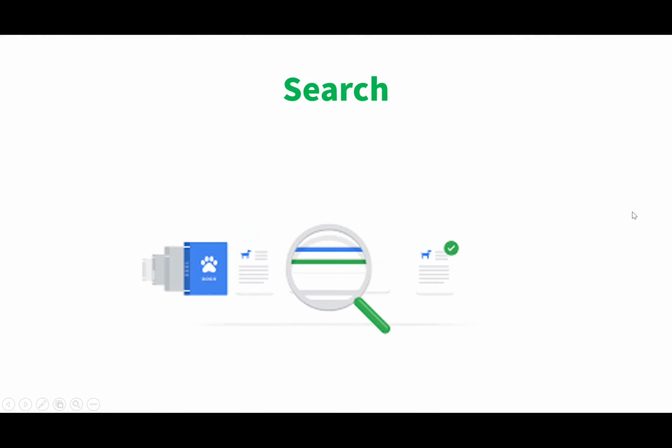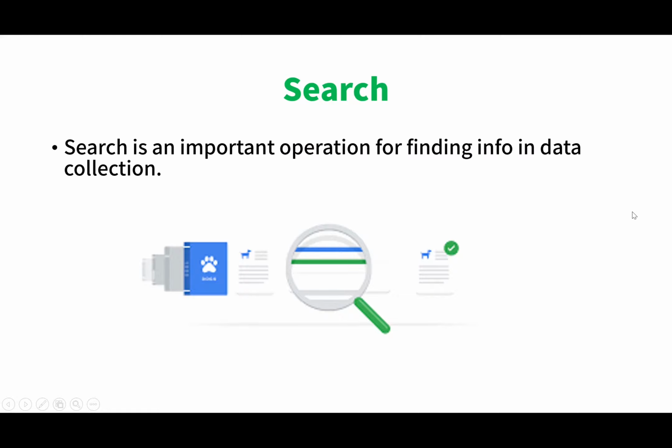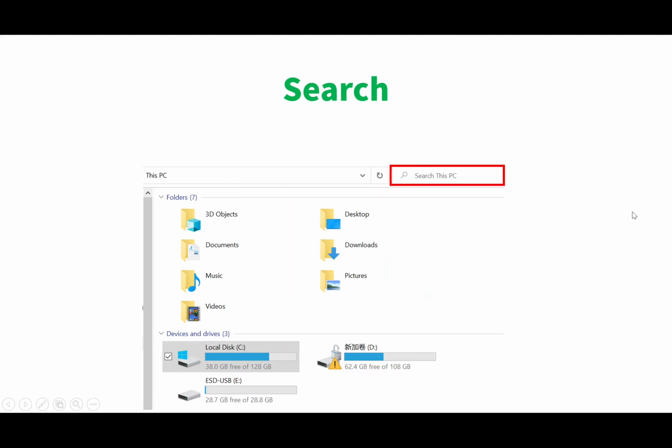First, we talk about search. Search is an important operation for finding information in data collection. For example, you may search file in your computer.